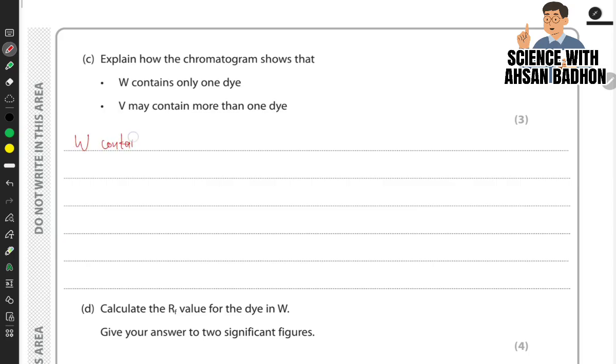W contains only one dye since it only produces only one spot.